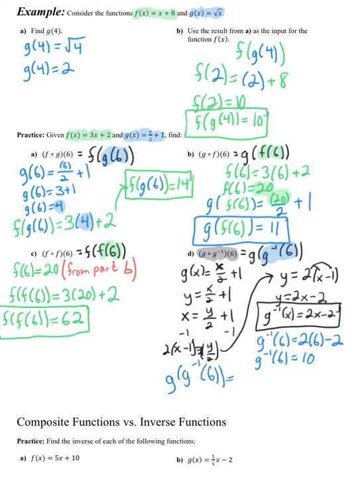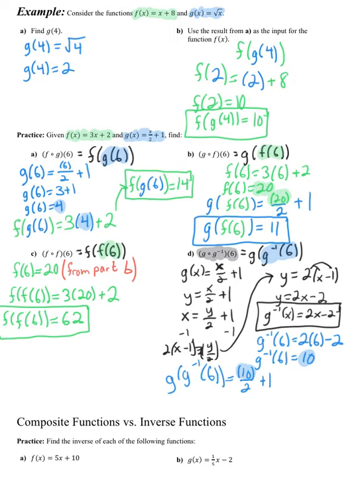So I'd say g of g inverse of 6. That's when we're doing the composition part. And the original function was x over 2, and I'm going to put 10 in instead of x, plus 1. And that 10 is coming from right here, what we solved for g inverse. The output of the inside function becomes the input of the outside function.